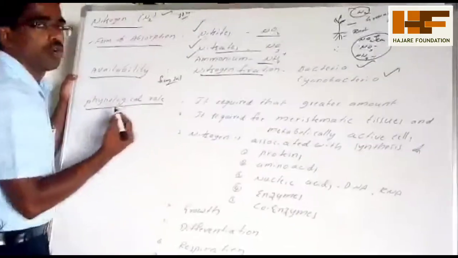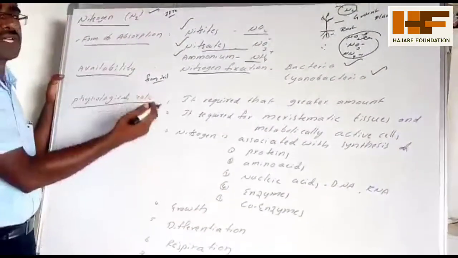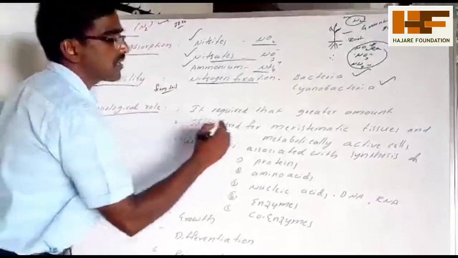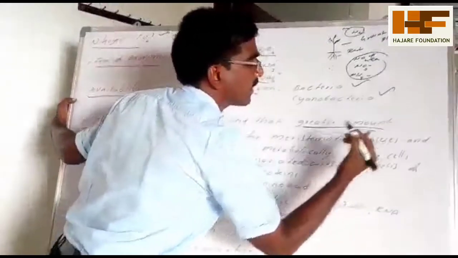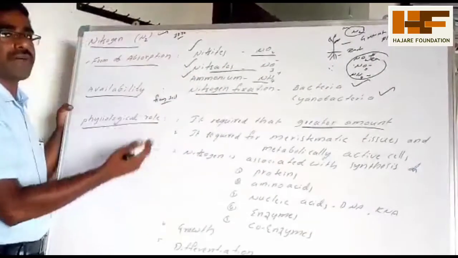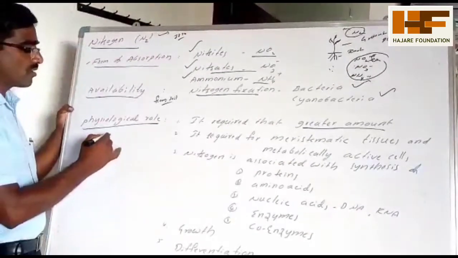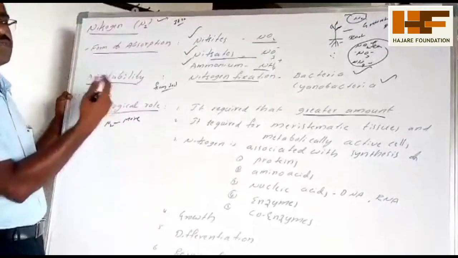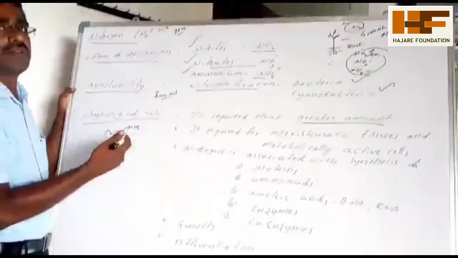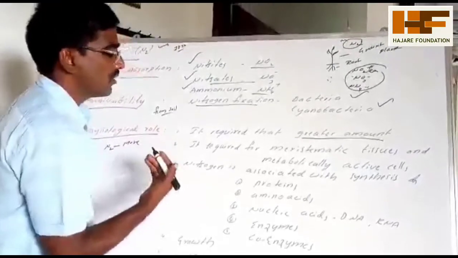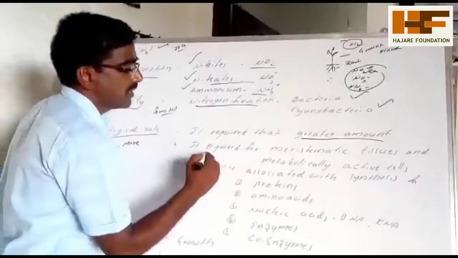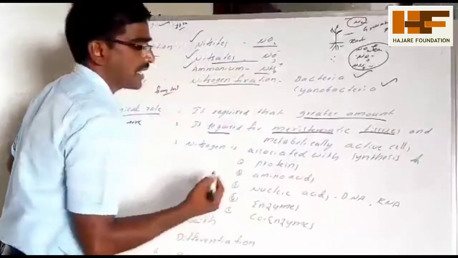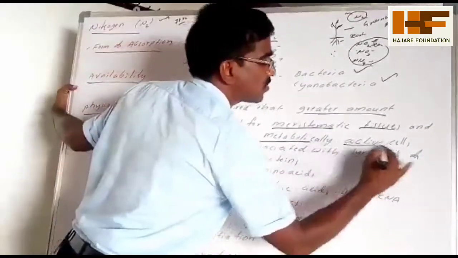Then the physiological role. What is the importance of nitrogen in the plant body and its life? The first one is that it is required in the greatest amount among all the macroelements, because various functions depend upon nitrogen availability. The second is that it is required for meristematic tissues as well as for metabolically active cells.